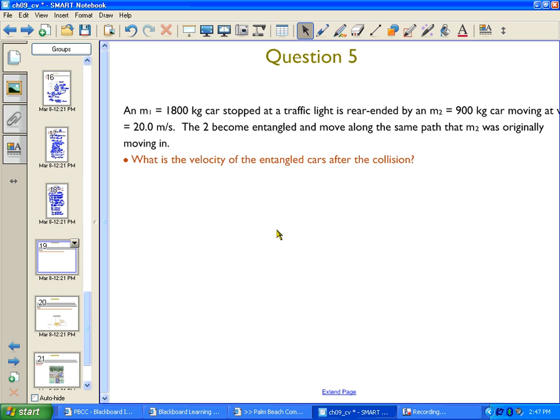Second part of the problem-solving section of Chapter 9.